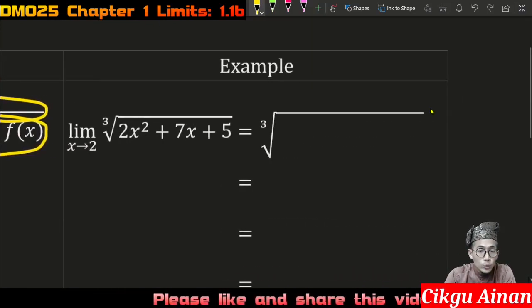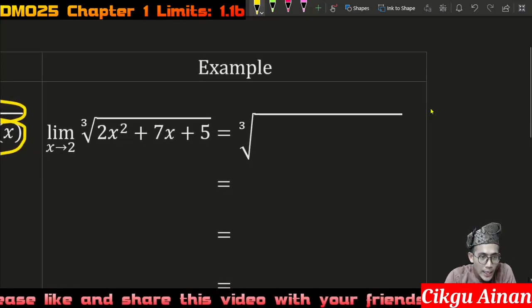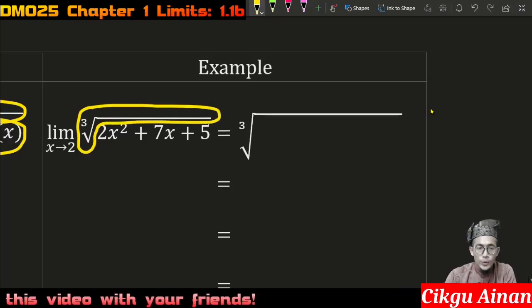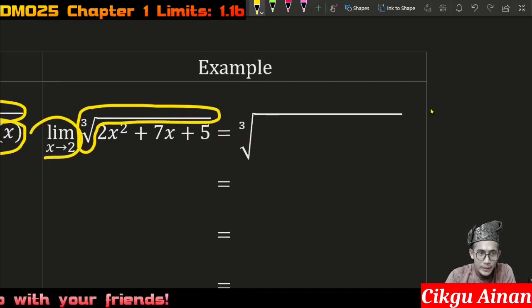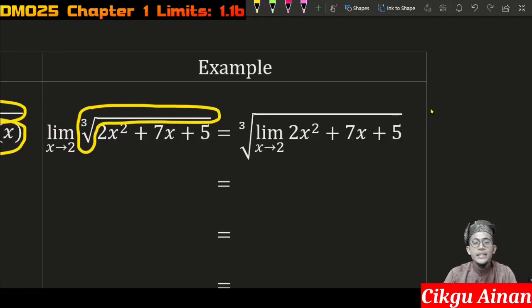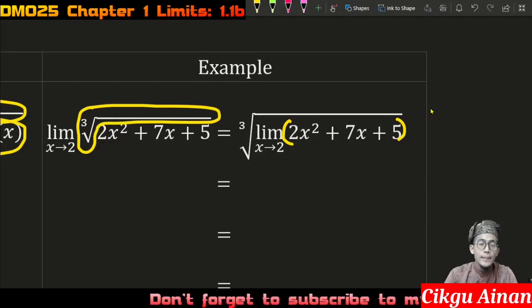Now how to apply? We look at this example. As we can see here, this is the cube root. At first, the limit is outside. By using the property, the limit can be inside. And then we can see over here there are three separate functions.